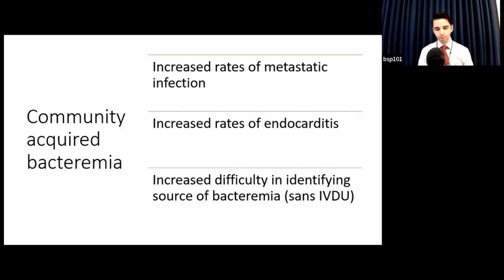So it's partially that patients are probably bacteremic for longer, which is why they're at higher rate of complication. But there are also more virulent strains of Staph aureus in the community compared to inside the hospital, such as the USA 300 strain, which makes up most cases of community-acquired Staph aureus infections.